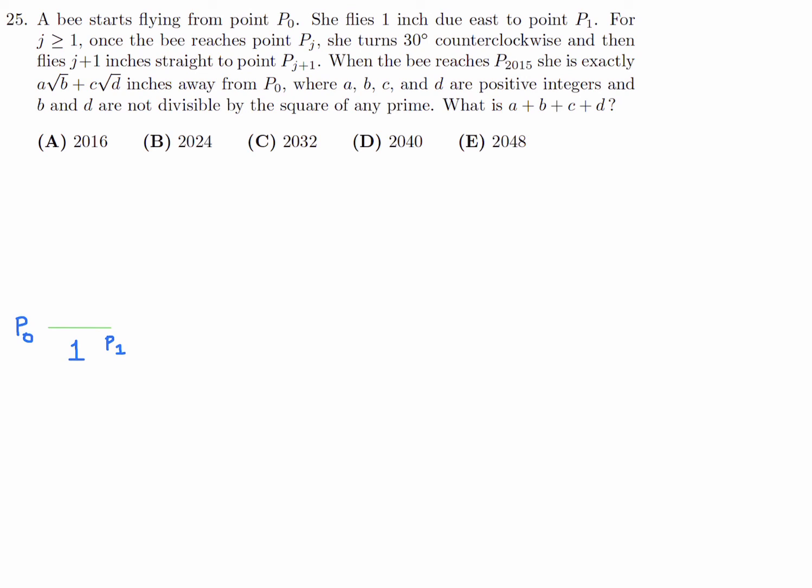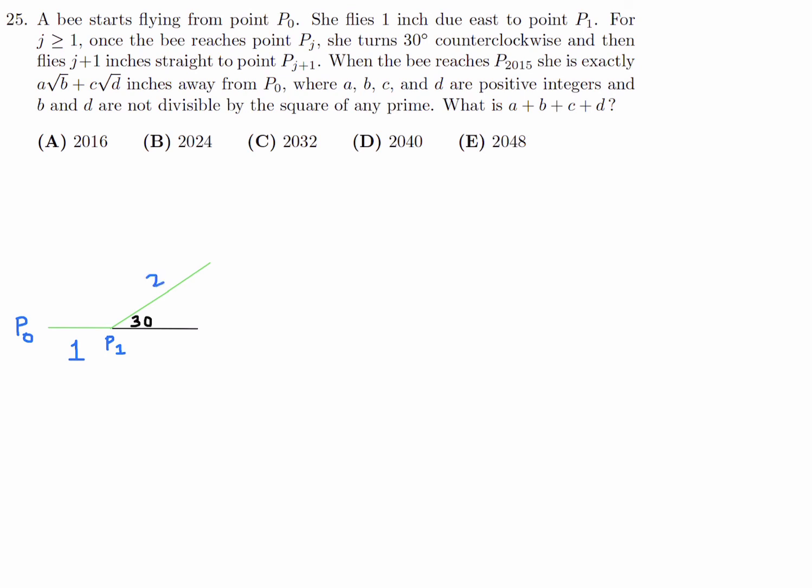And then from there, we have to tilt 30 degrees. So this is basically 30 degrees in here. But this time, we have to go a little bit farther because we have to go 2 units this time. So that is going to be 2.